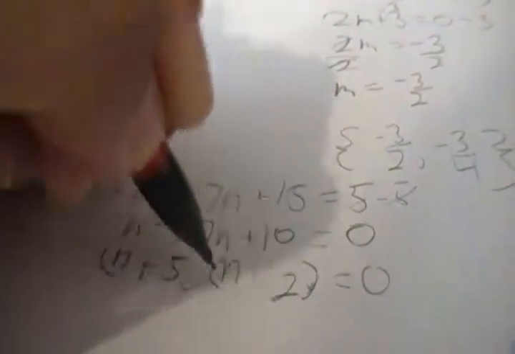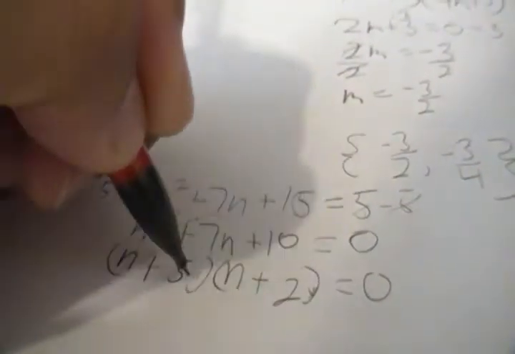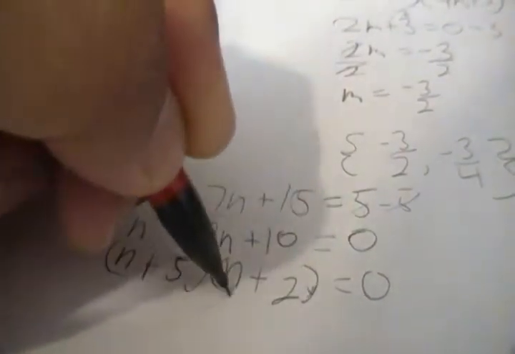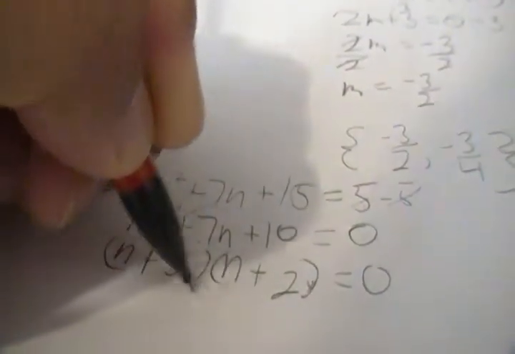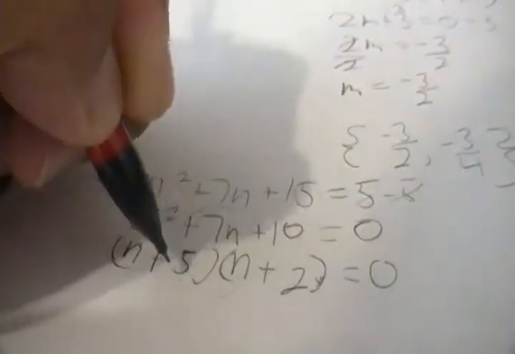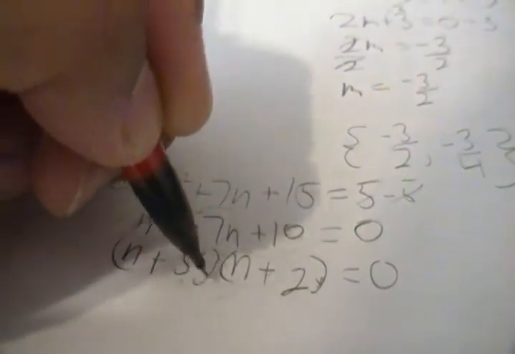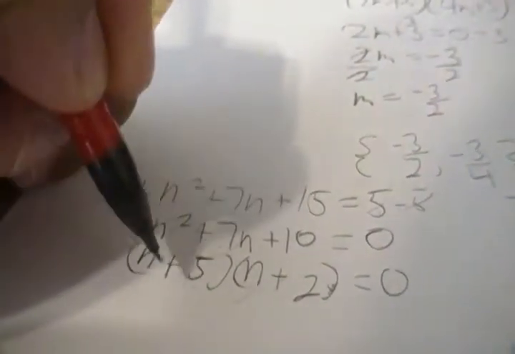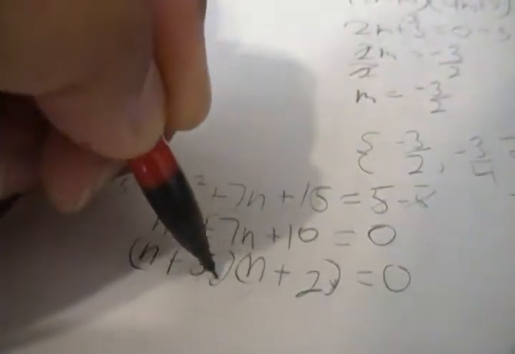But if we make these positive, we get positive 5n plus 2n, because we multiply using the FOIL method: 5 times n and 2 times n, then we add them. So 5n plus 2n is equal to 7n. So your binomials are n plus 5 and n plus 2.